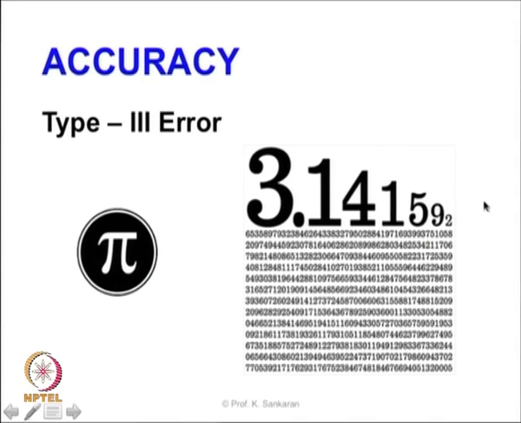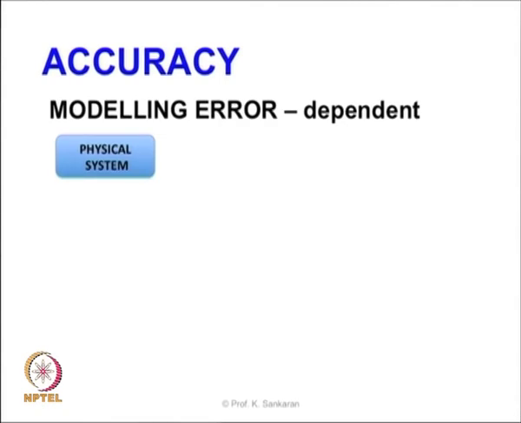So we have to truncate it, say after 2, 3, or 4 digits, depending on our accuracy level, and there is always going to be some error that we bring in. So this is the third kind of error. That being said, the modeling error is something one has to look into because it depends on how we change our delta t and delta x. This is what I wanted to say.